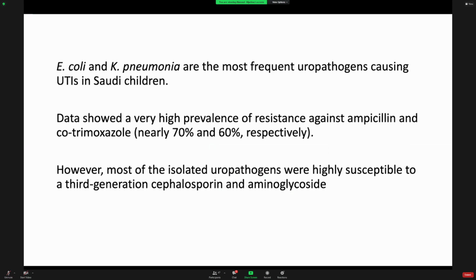So the first empiric coverage is a third generation cephalosporin and or aminoglycoside until the culture results come back. If the culture is sensitive to ampicillin, we can de-escalate to ampicillin. That's when we start IV. When we start oral, we can go with a first generation cephalosporin or with Augmentin.